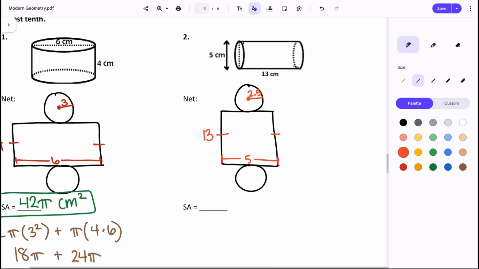All right, so then we're just plugging it in. So 2 times pi times 2.5 squared plus pi times 13 times 5. I'm just plugging in my radius and I'm plugging in my base and my height of my rectangle to that formula there.